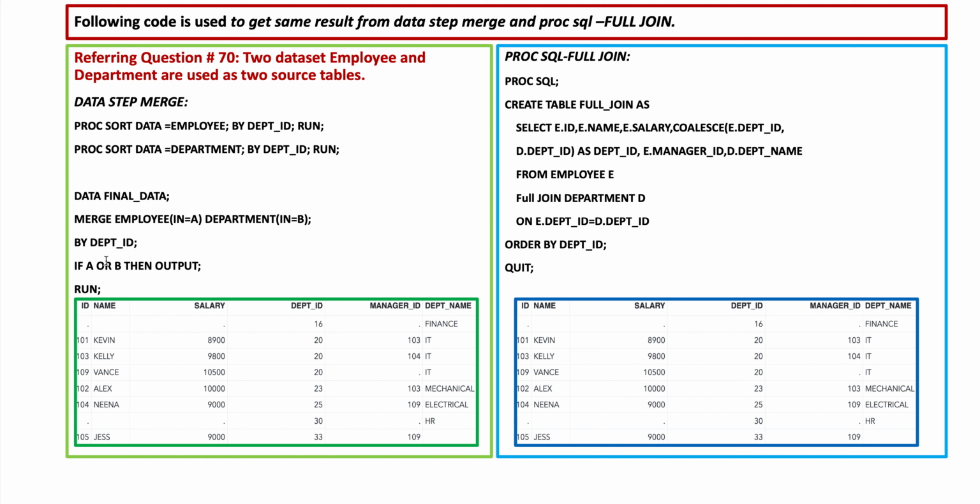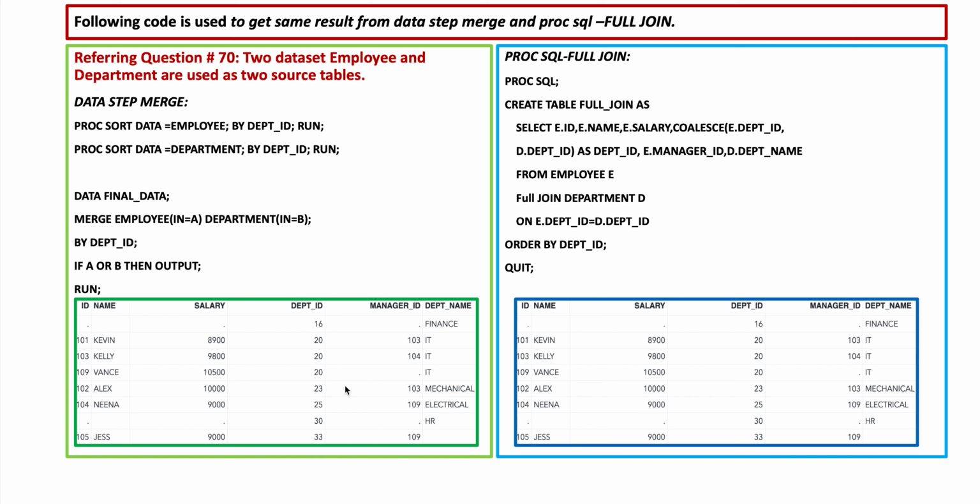When we run the first set of code, it will display the result as shown in the table below. It has 6 variables and 8 records. From this table, it is clear that it has covered all the records that exist in the employee as well as the department table.